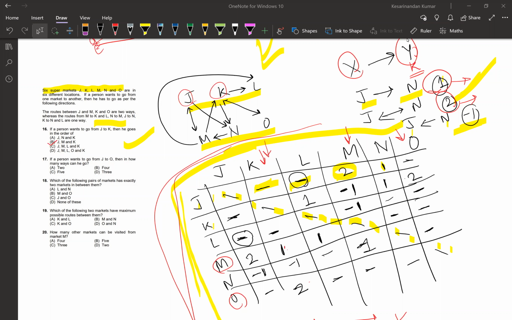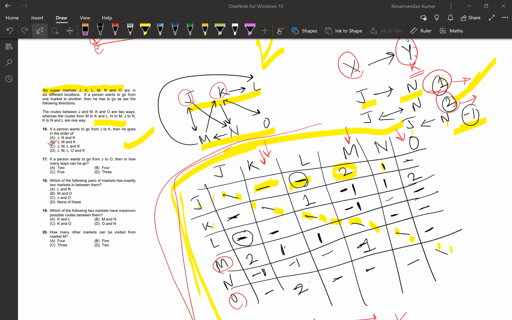Yes, Anshula, now it's correct. Solve the 20th one and then we'll move to the next question. Yeah, 20th one, it is great. Okay, so let's move to the first question.